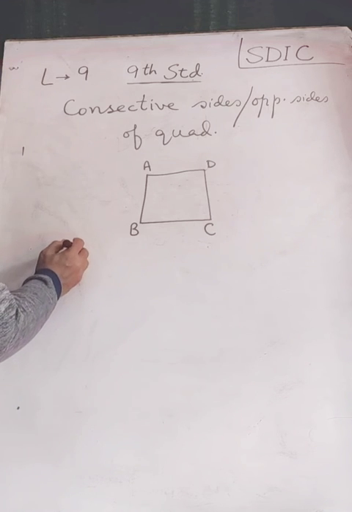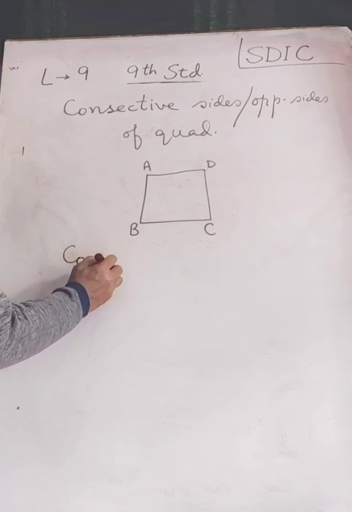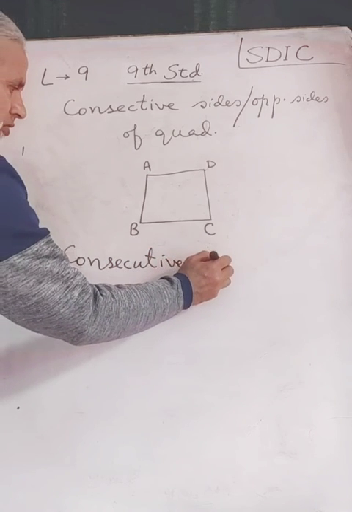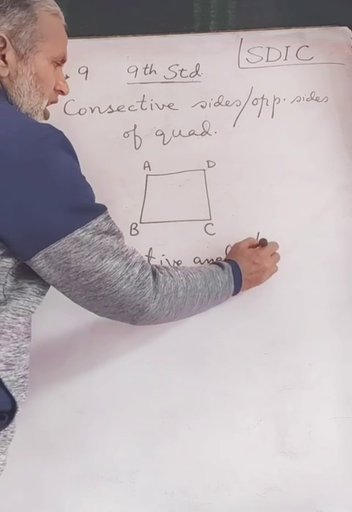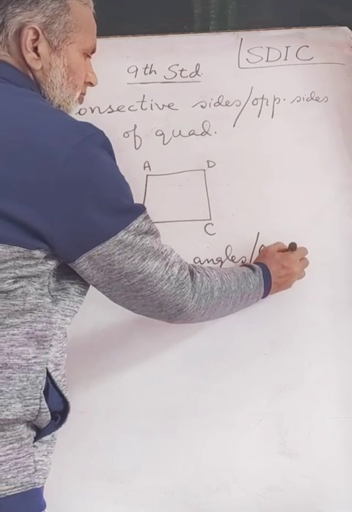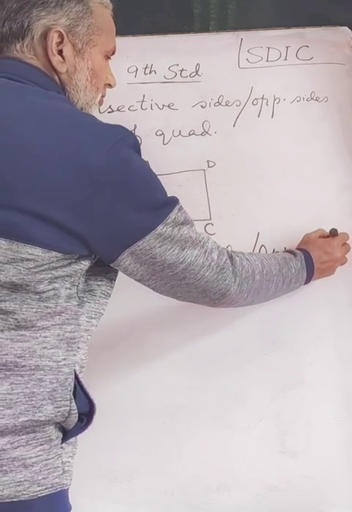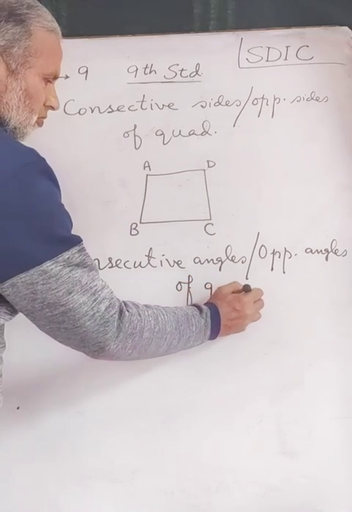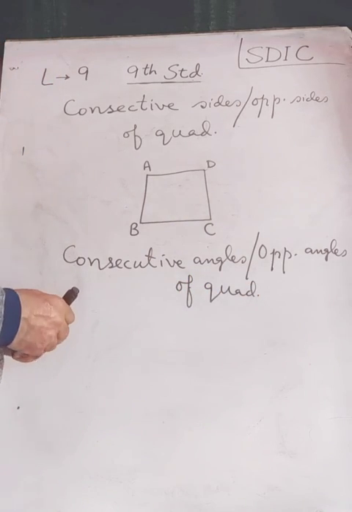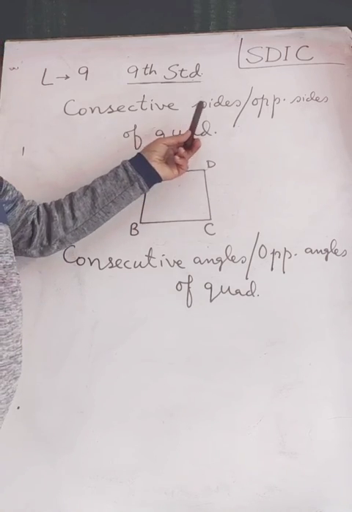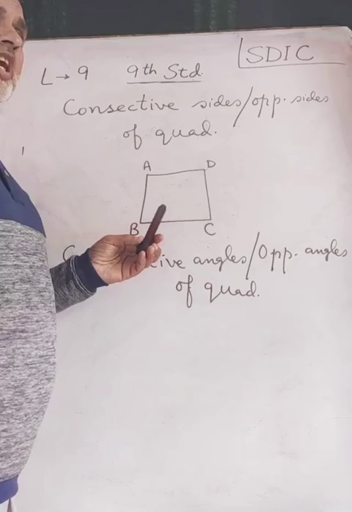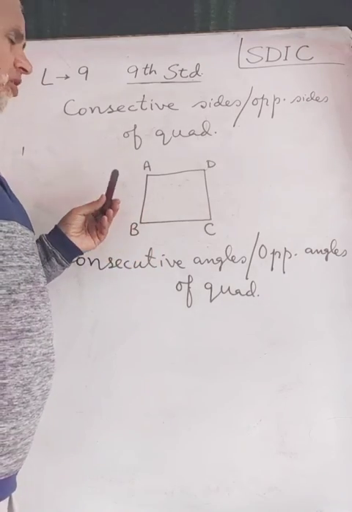Now similarly, we have consecutive angles and opposite angles of quadrilateral. While identifying consecutive sides and opposite sides, we found whether they have common endpoint or not, common vertex or not.